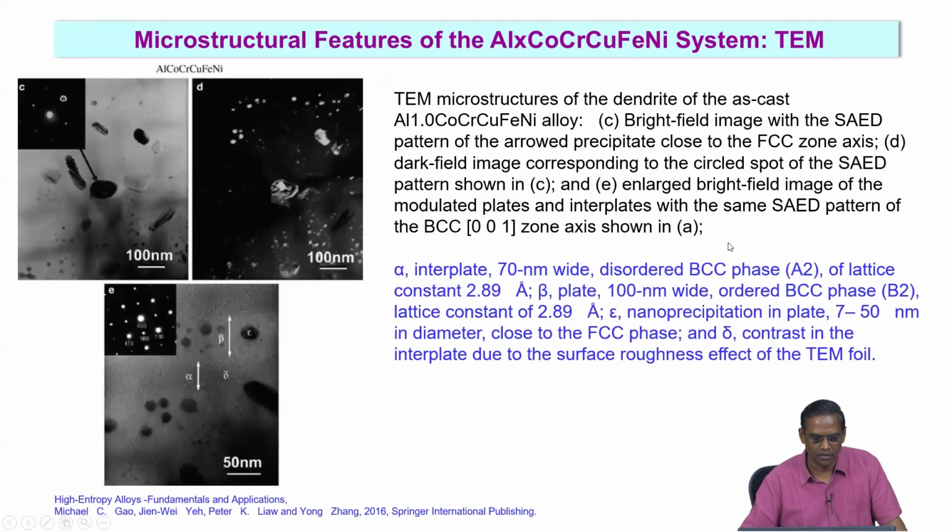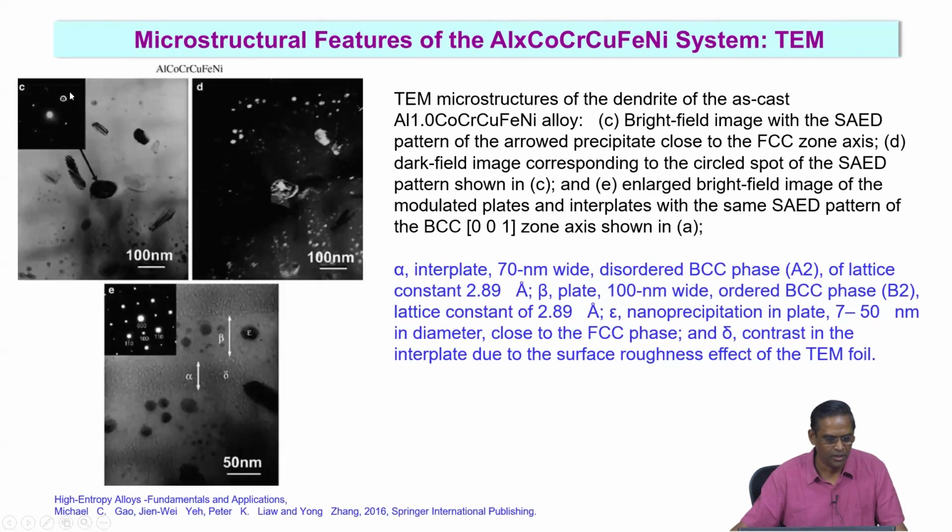So let us look at other regions. You have the TEM microstructure of dendrites of the as-cast alloy shown here again. In C, you have different features. What are the features you are seeing? You have some precipitates and the corresponding selected area electron diffraction is shown here, which is close to the FCC zone axis, and the dark field image corresponding to the circled spot of the SAD.